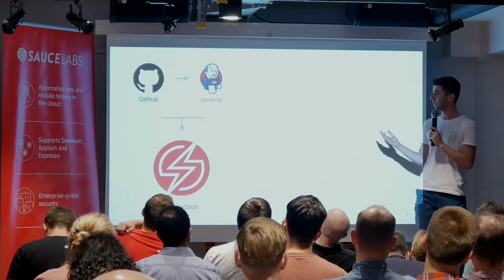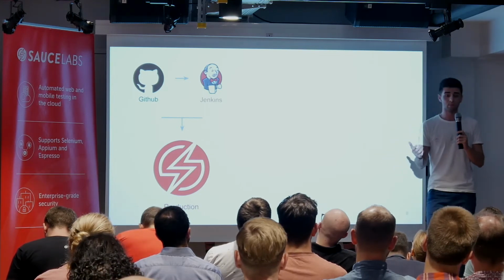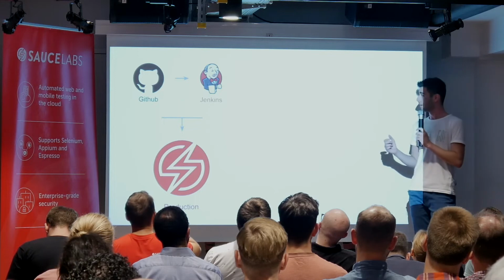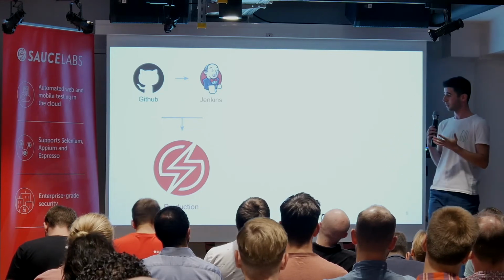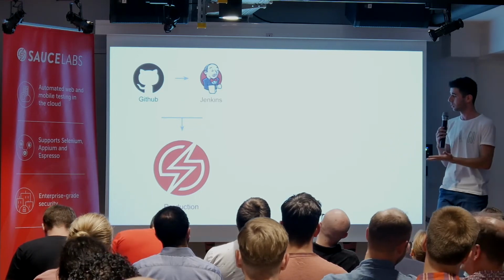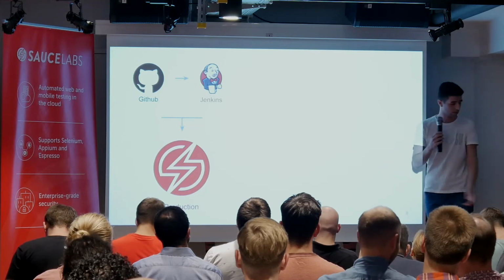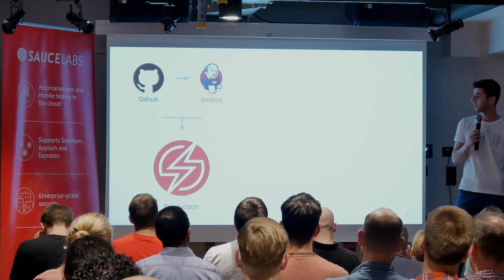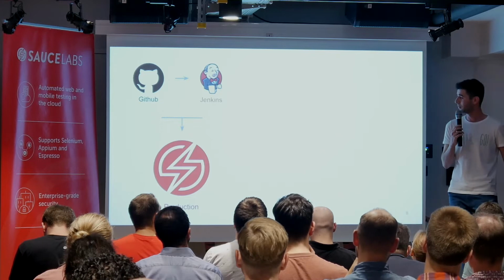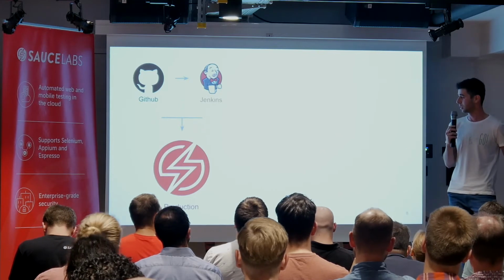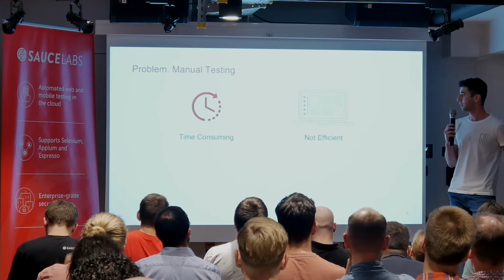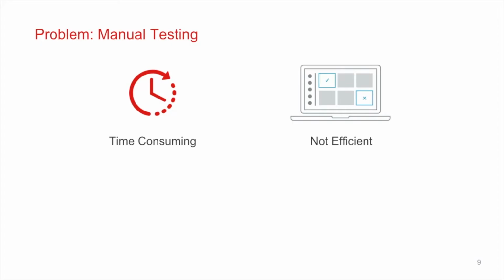Maybe that was taking a full day of developer time, and after spending so much time doing so many things manually, we could deploy to production and make the product available for our customers. But manual testing is time consuming and not efficient.